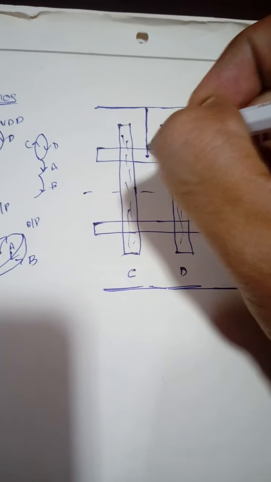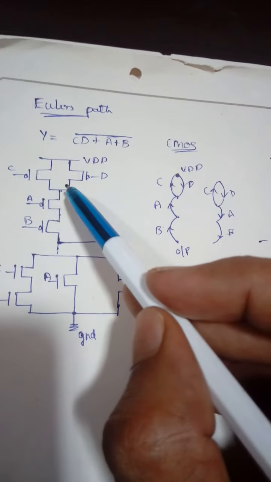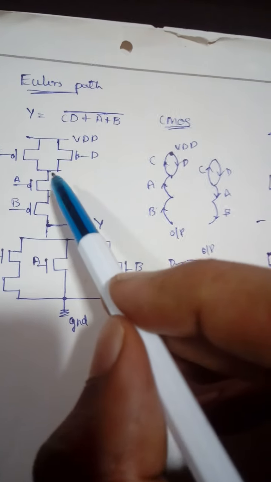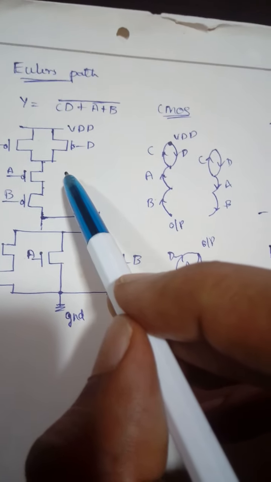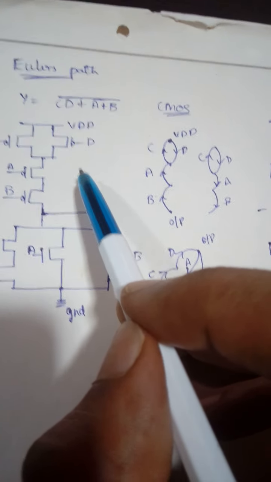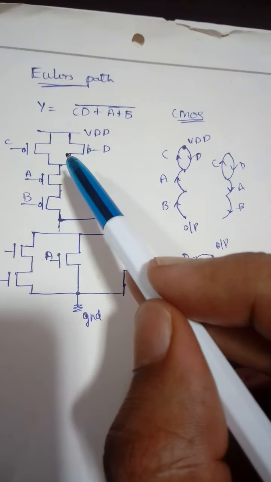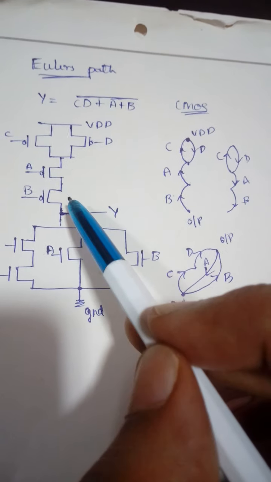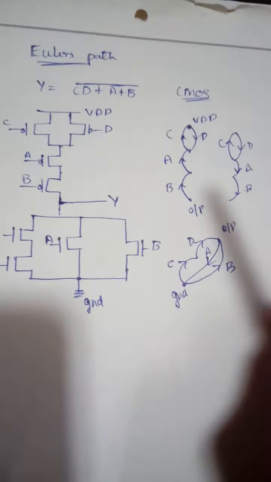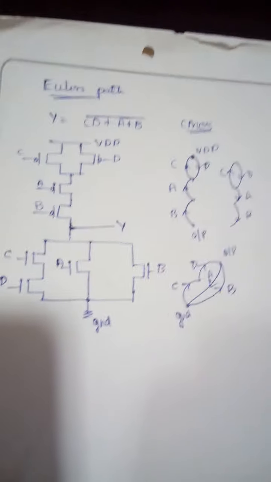Next, other end of C and D is connected to A. So one end of C and one end of D is connected to A, and A is connected to B, and other end of B is connected to the output.